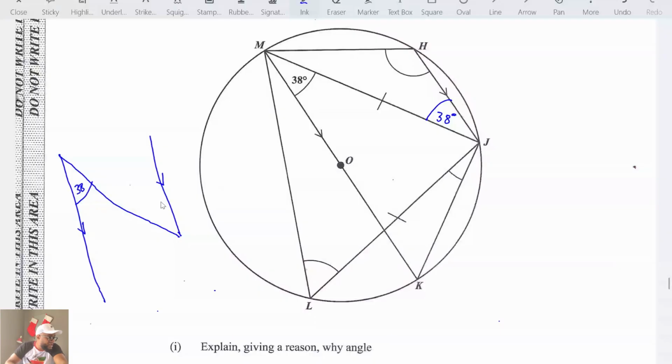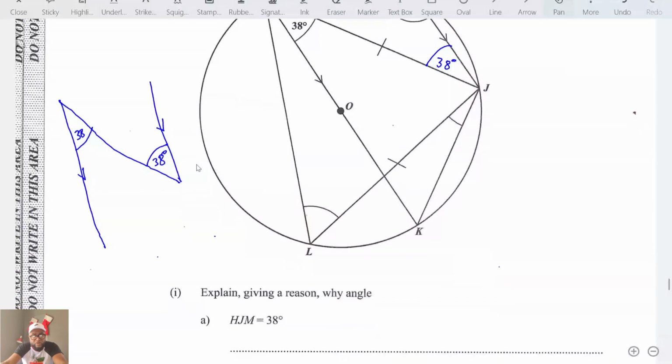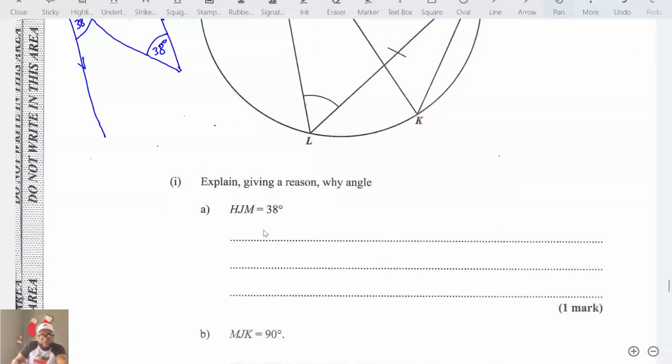They told us down here is 38, so we know that up here will be 38 because they are alternate angles. Alternate angles are equal. So that's what they put in here. Alternate angles are equal. All right? We good there, everyone?